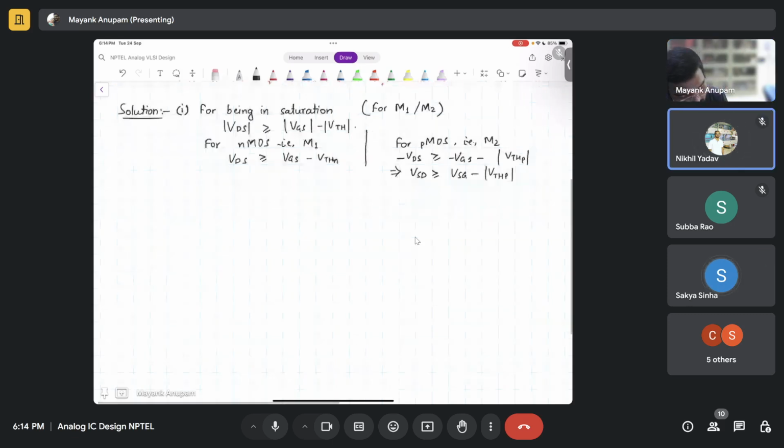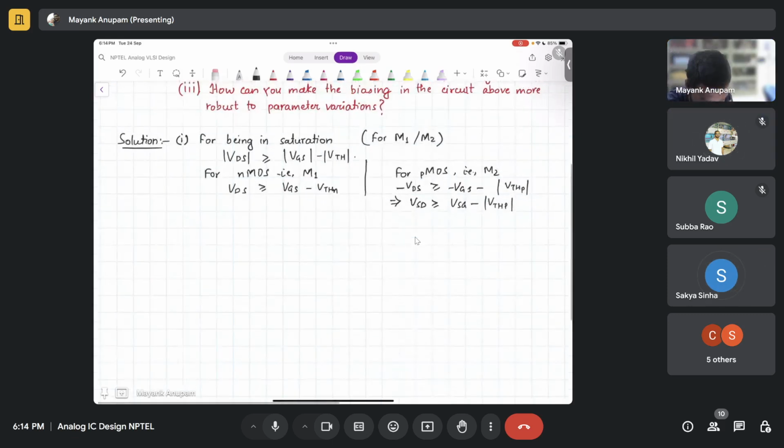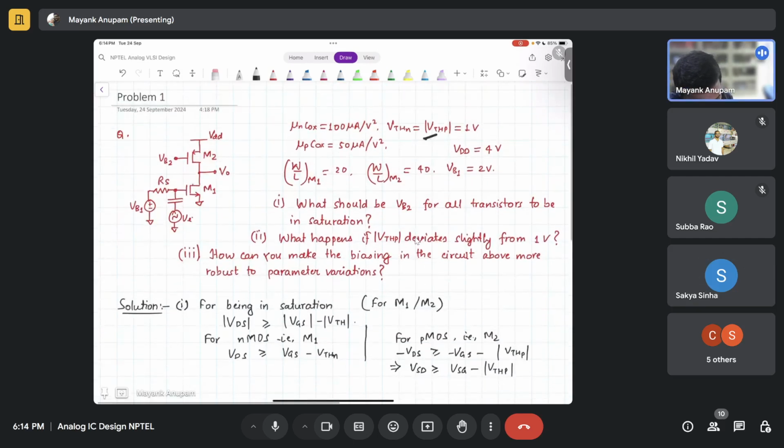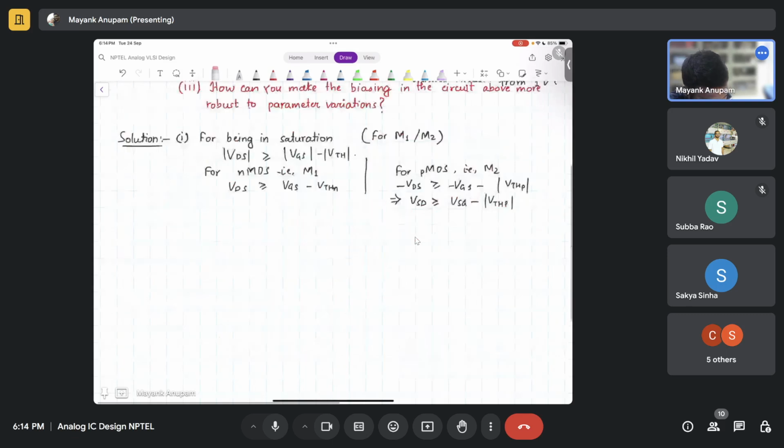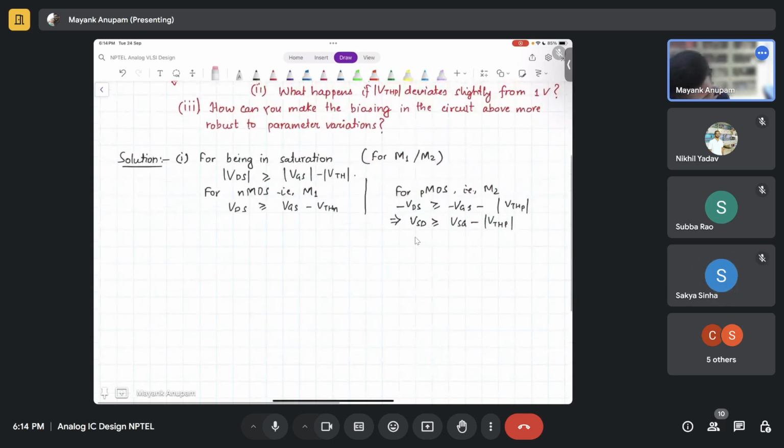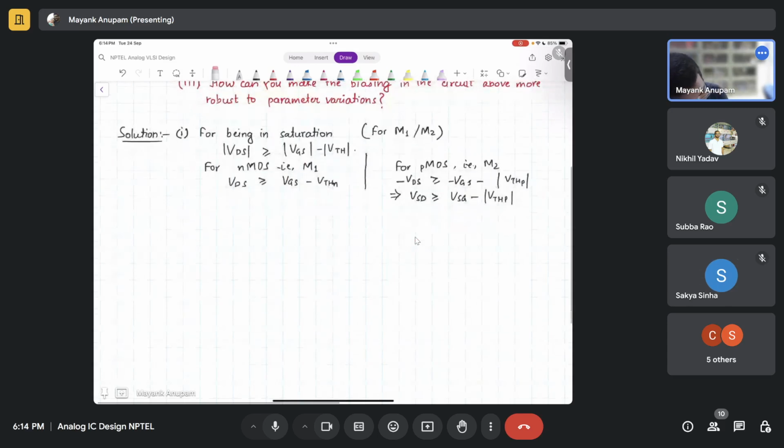Yes. So you should use minus VTHP right there if you want to change the sign on the other side. Yeah, it can be, but I don't want to because I've already used it here like this. Okay, fine.